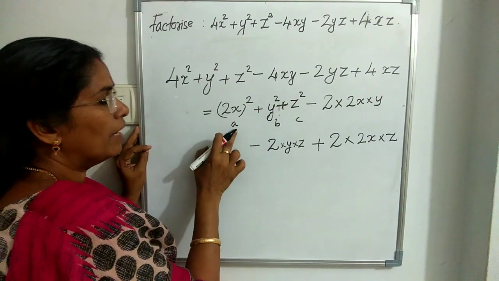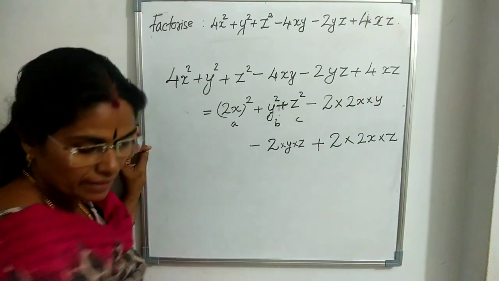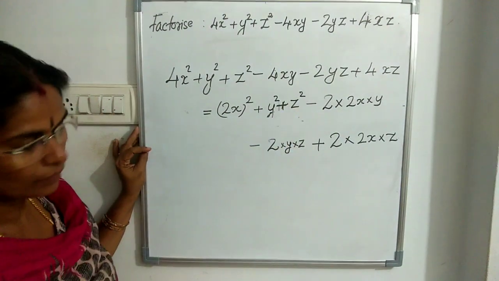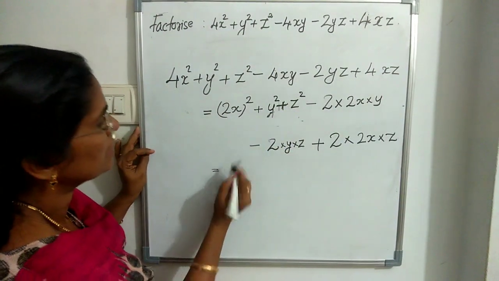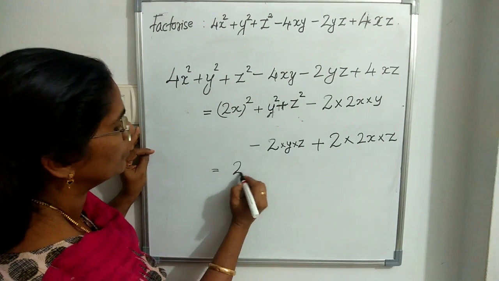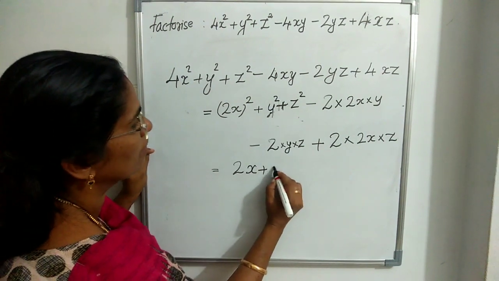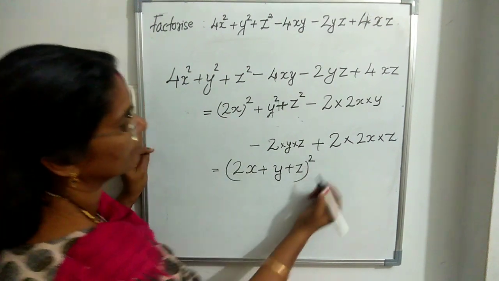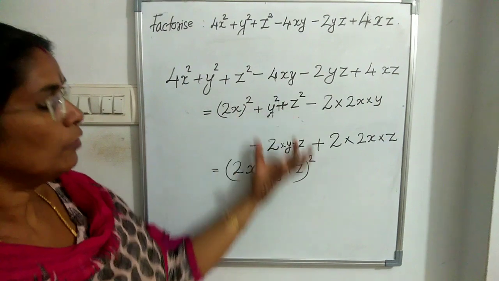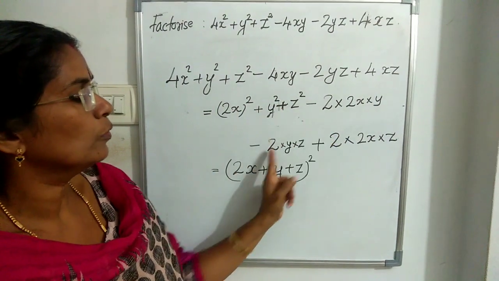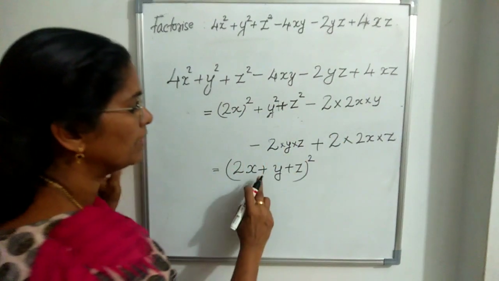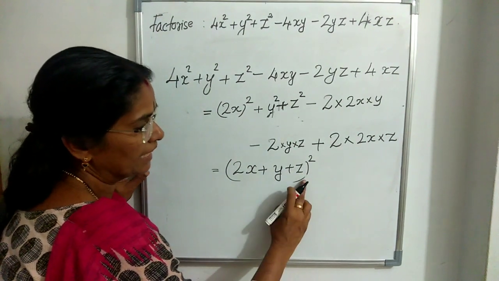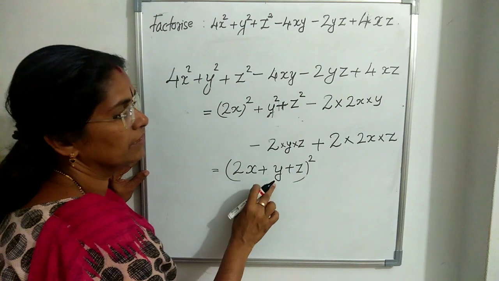First we want to find out what is A and what is B and what is C. Then it is very easy to apply this. Now, as we know, this is the expansion of 2x plus y plus z whole square, as we know this formula. But here two terms are negative. So from here we have to decide which one term should be negative. What will be that term?